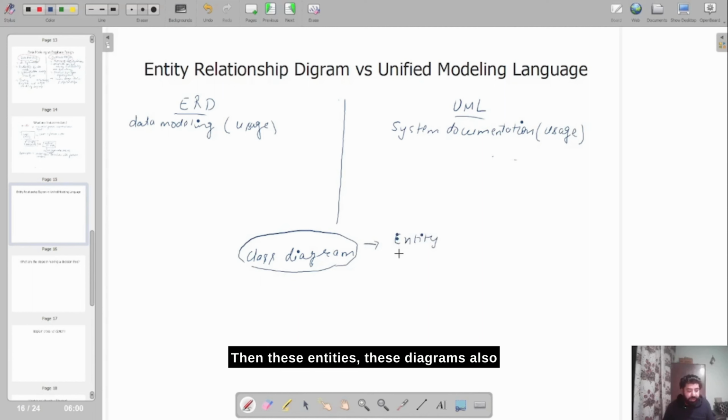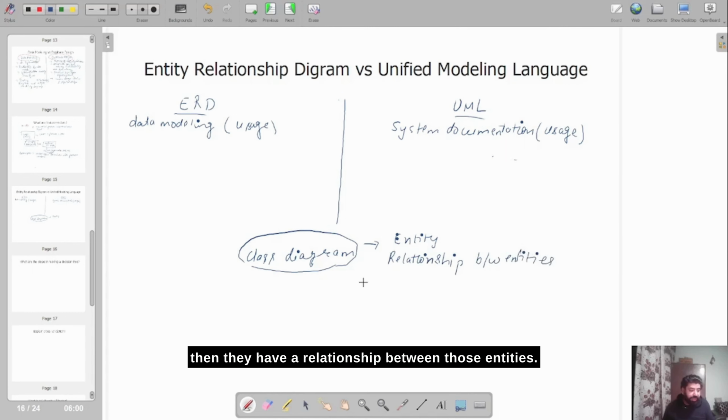Then these diagrams also consider the relationship between the entities. So both of them have some entities, and then they have a relationship between those entities, and then they have attributes of the entities also.